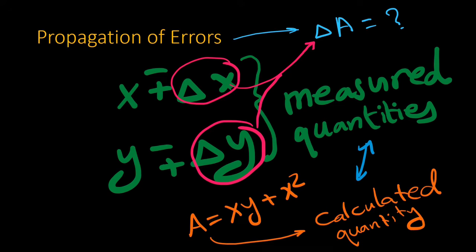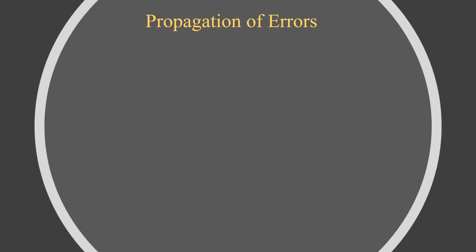So there are a couple of rules that are easy to grasp here. If the calculated quantity is equal to x plus y or x minus y, so in other words, for the case of addition or subtraction, then the uncertainty in this calculated quantity, which is a, is equal to delta x plus delta y.